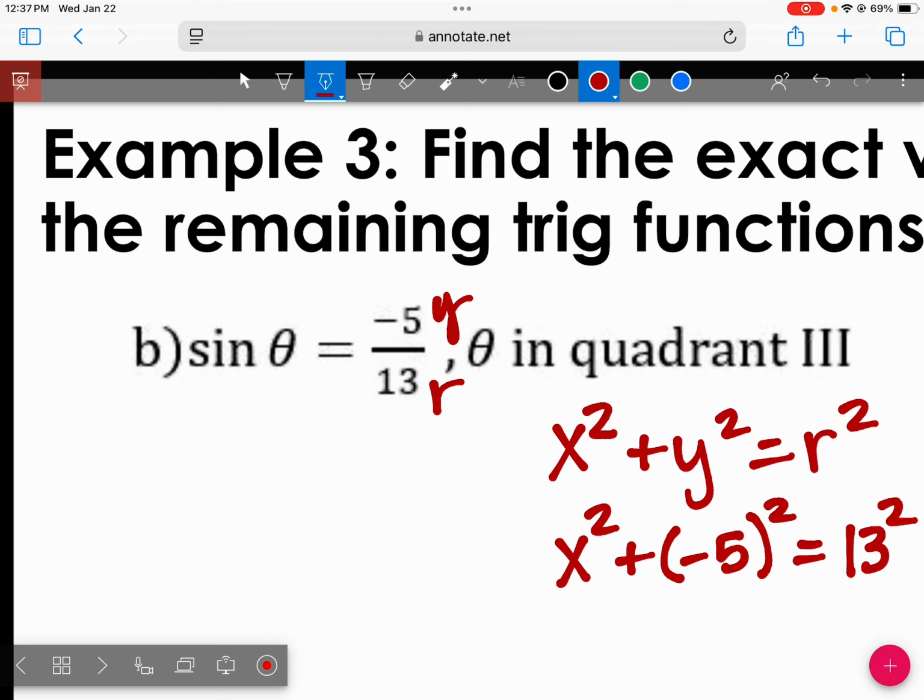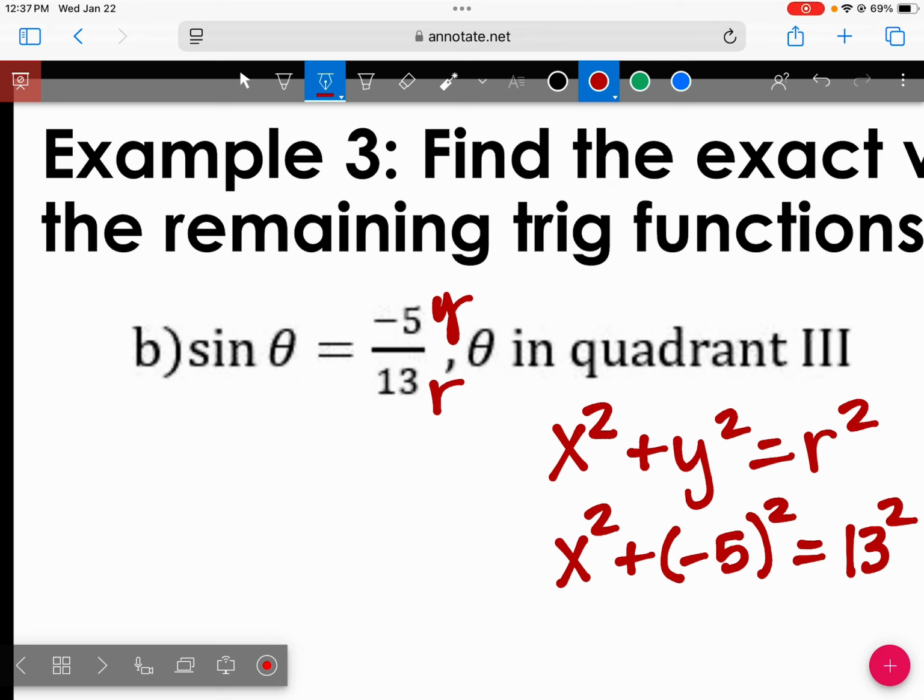So let's subtract 25 from both sides. So x squared equals 144. And now, who knows what the square root of 144 is? 12. So we have all three of our sides.